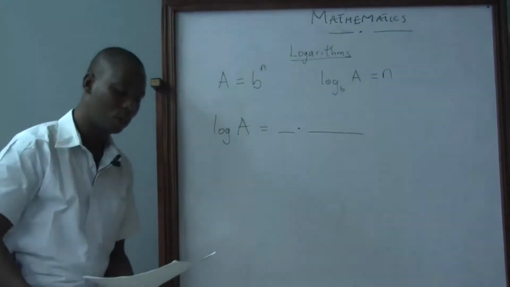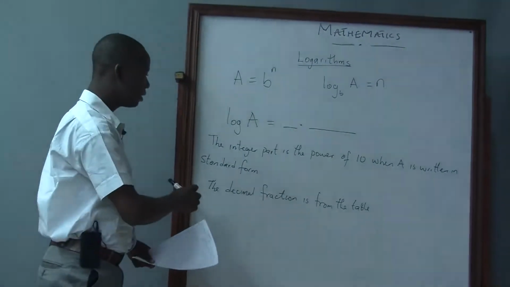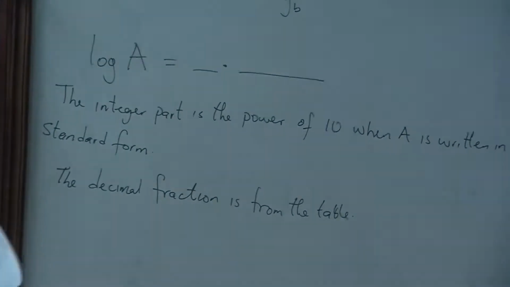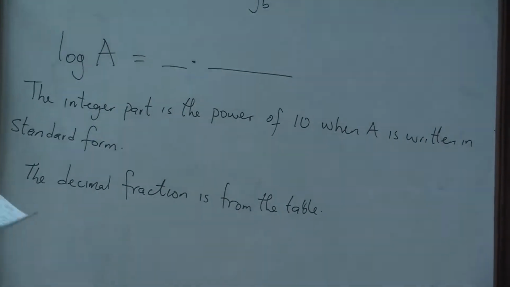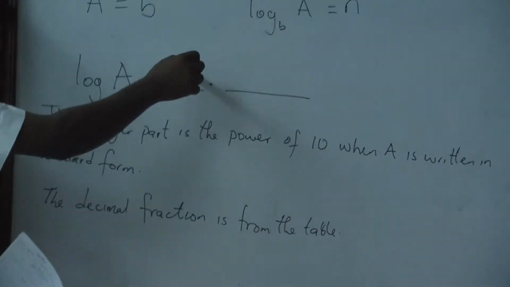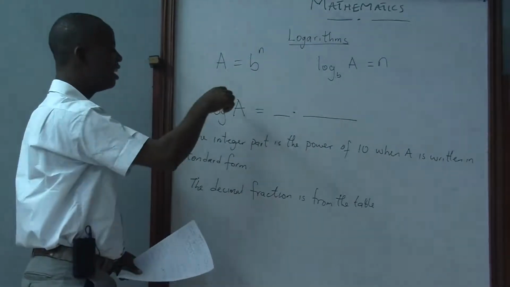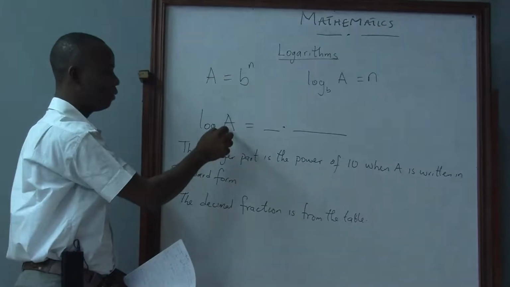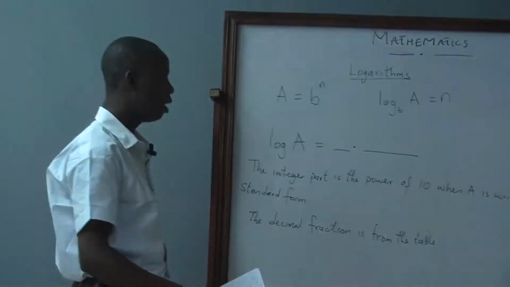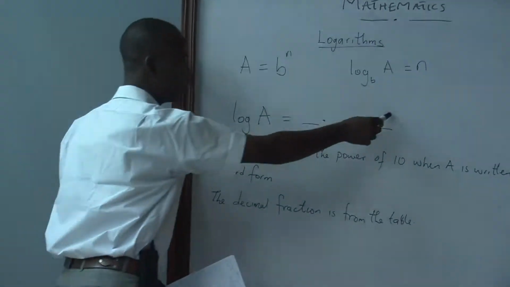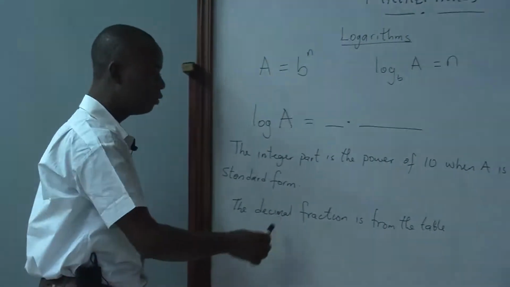Now, here it is. The integer part is the power of 10 when a is written in standard form. So whatever we have as our characteristic is the power of 10 when a is expressed as a number in standard form. And the other part, the mantissa, is what we get from the table.